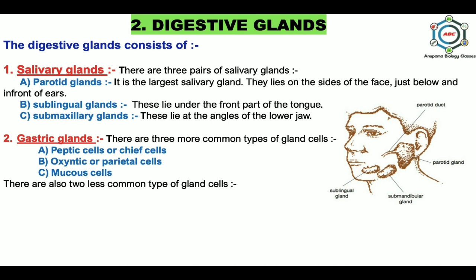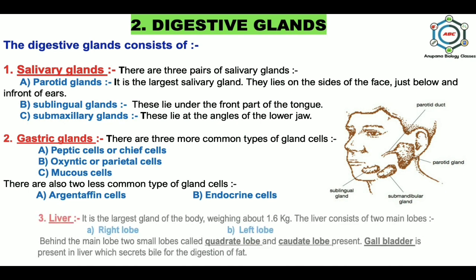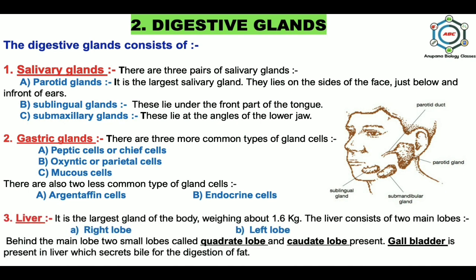After that, two less common types of gastric glands are also present. These are argentaffin cells, which secrete serotonin that acts as a vasoconstrictor, and endocrine cells, which release gastrin, which stimulates enzyme action and HCl.